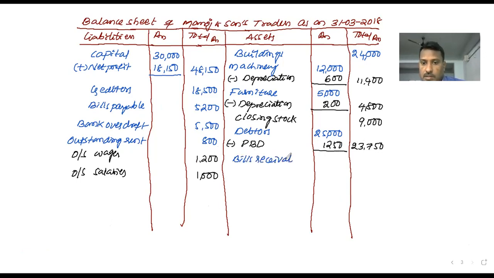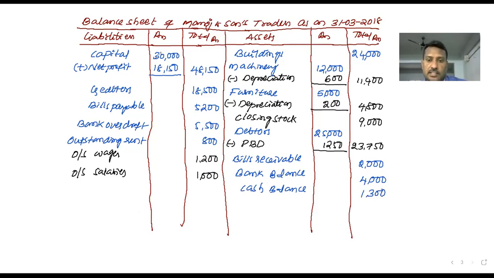Bills receivable is also an asset, 2,000. Next, bank balance and cash balance. The bank balance is 4,000. The cash balance is 1,300.